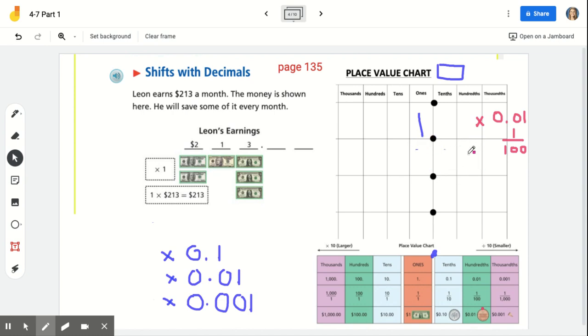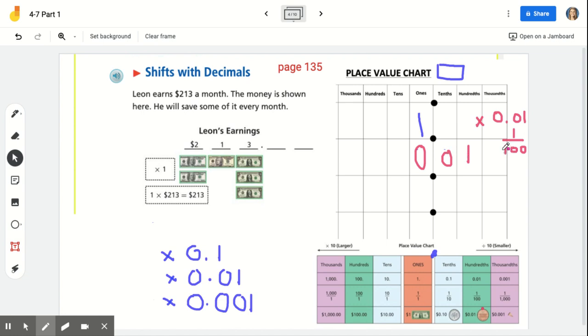Well, the 1 goes in the hundredths place value. The hundredths place value, always think of a penny or the cents. And then we fill it in with a 0 in our 10ths place and a 0 in our 1s. 1 times 1/100th is equal to 1/100th.